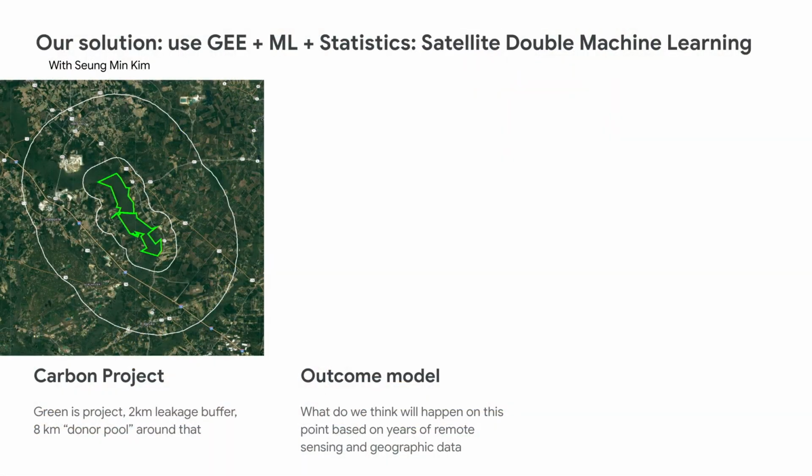Using several years of satellite data time series, where we featurize all the bands, and a bunch of other geospatial data, we're going to build an outcome model, which is what we think will happen at some point inside the carbon project or near it, based on years of remote sensing and geographic data. We'll also build a propensity model, which is, does the point look like it's inside or outside of the project?